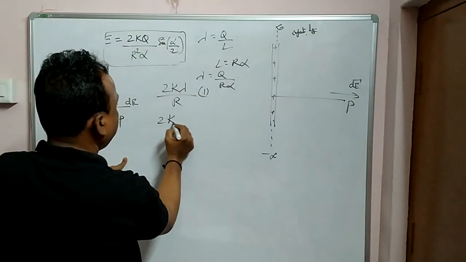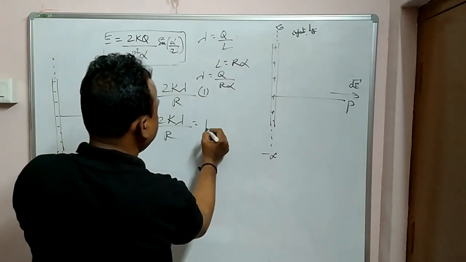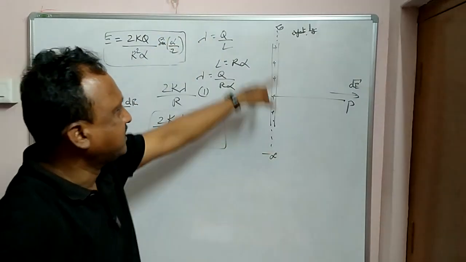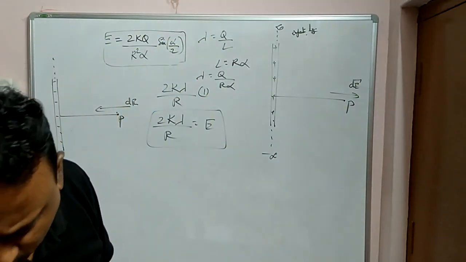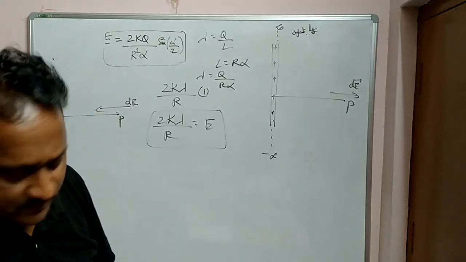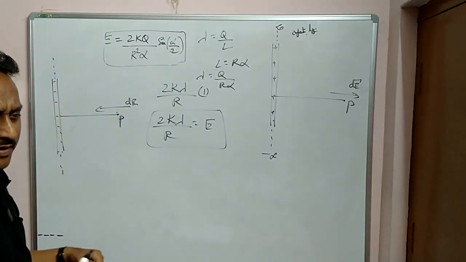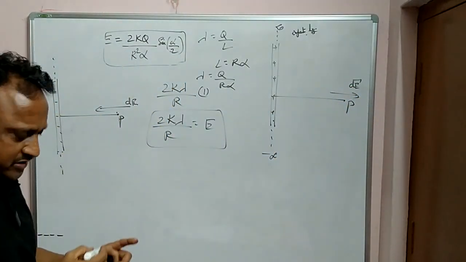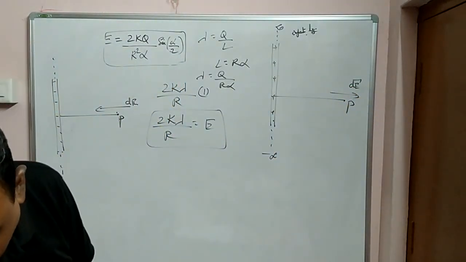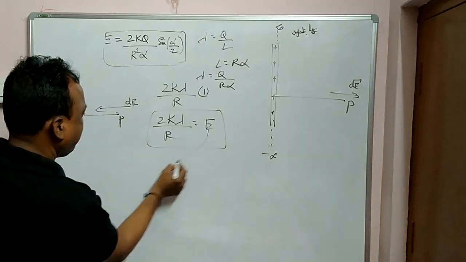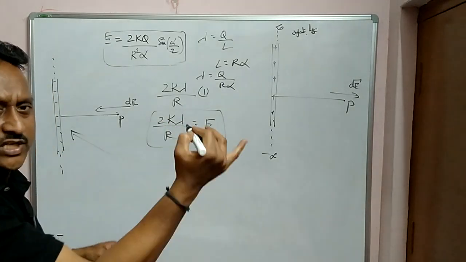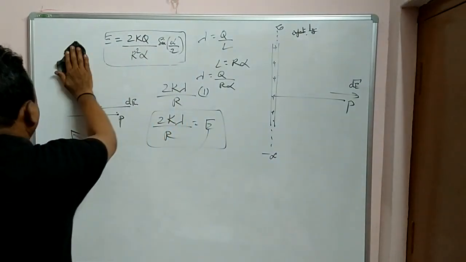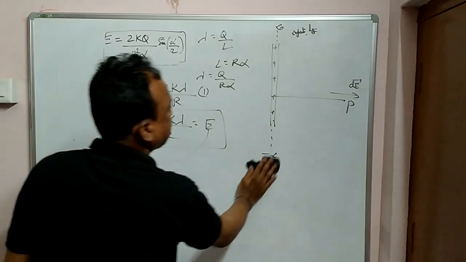So the formula is 2k lambda by r for E for an infinitely long positive charge. In the same way, for a negative charge the value is the same, but the field is towards the charge, while for a positive charge it is going away. Let us go to the next case, that is semi-infinite.